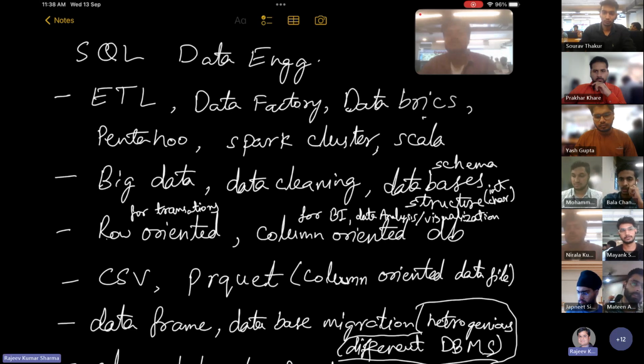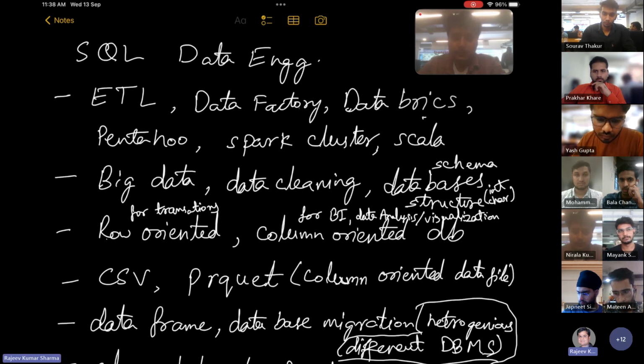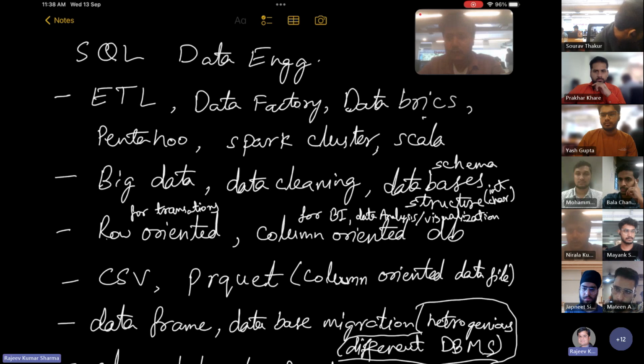But in the real world, there is a lot of data being produced every fraction of a second continuously. Those data are produced by IoT devices, by transactions in the banking sector, and transactions in the e-commerce sector.